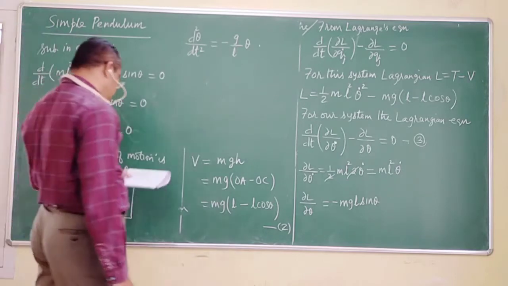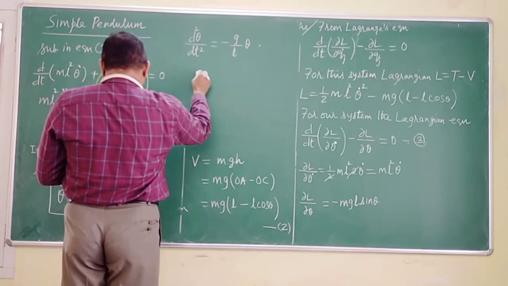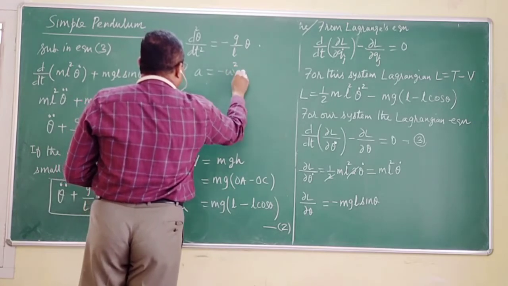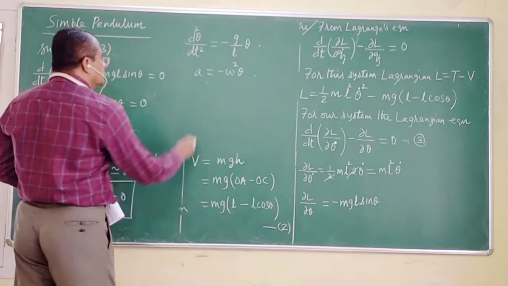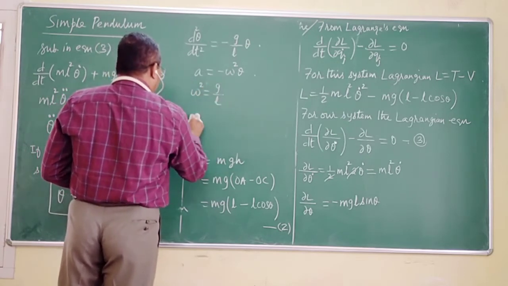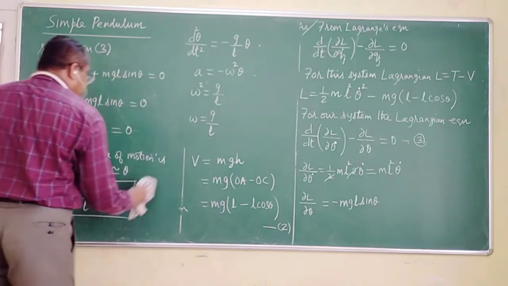Is that okay to you? This d squared θ by dt squared is angular acceleration, a constant times minus ω squared θ, where ω squared is g by l, ω is root of g upon l.